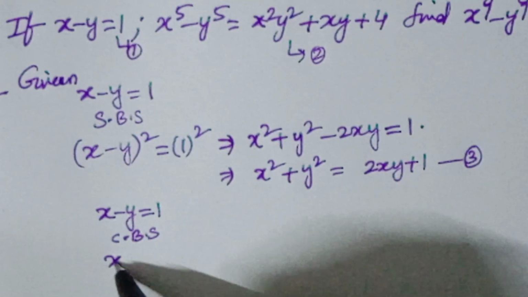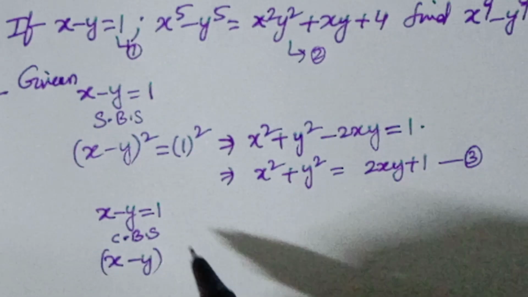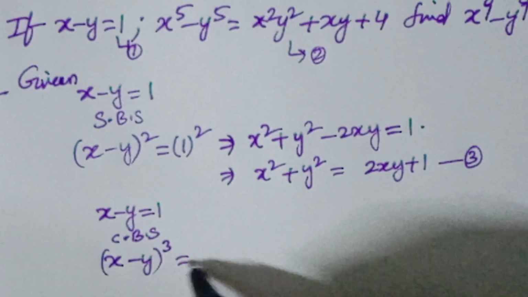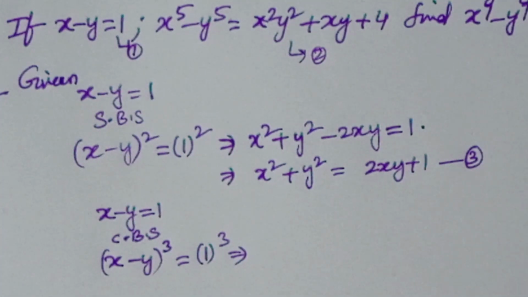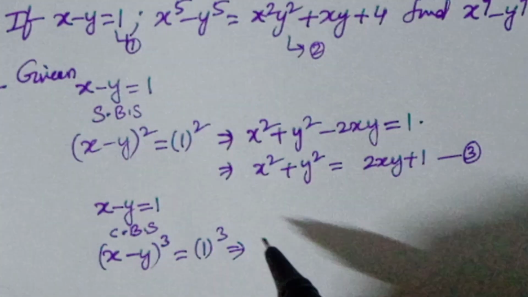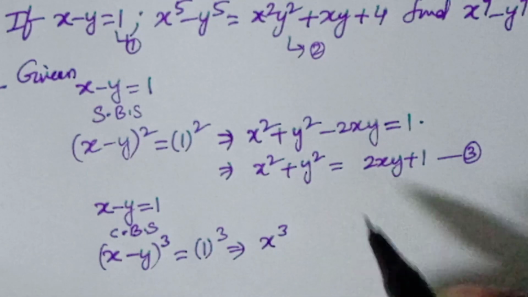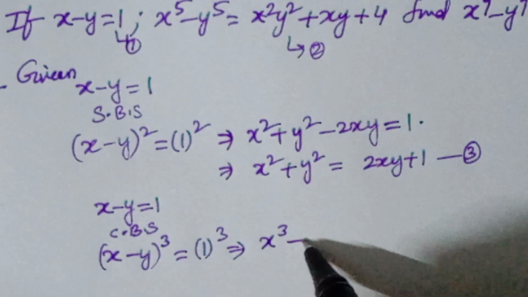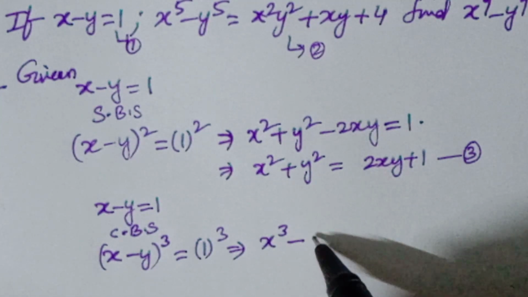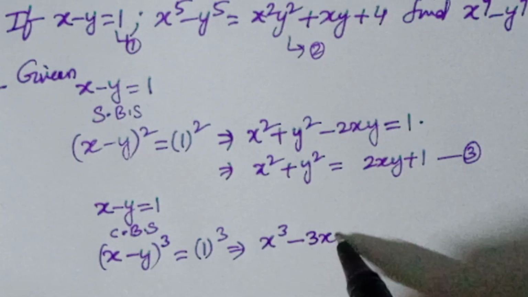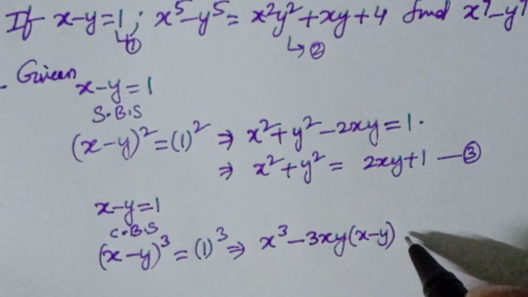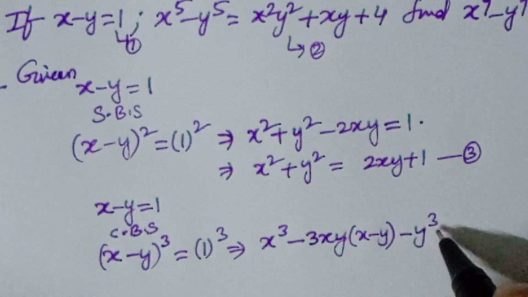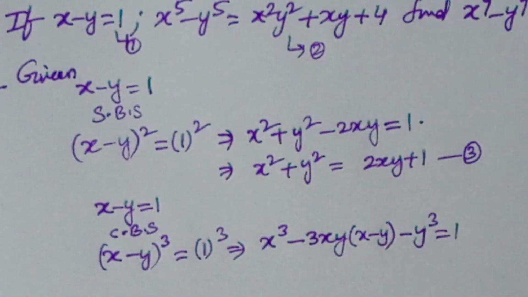So here x minus y whole cube is equal to 1 cube. So what will we get here? X cube minus 3xy into x minus y minus y cube is equal to 1.